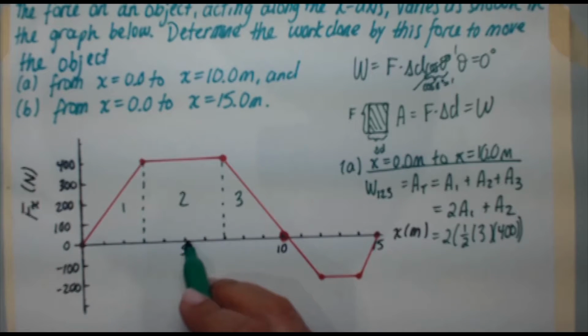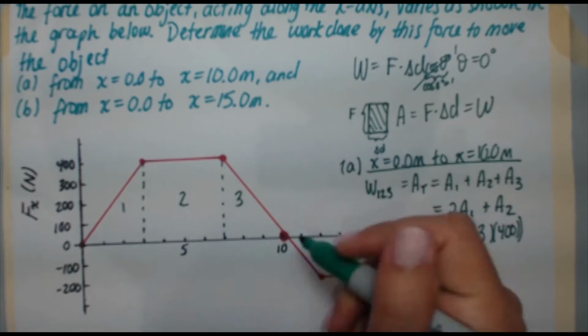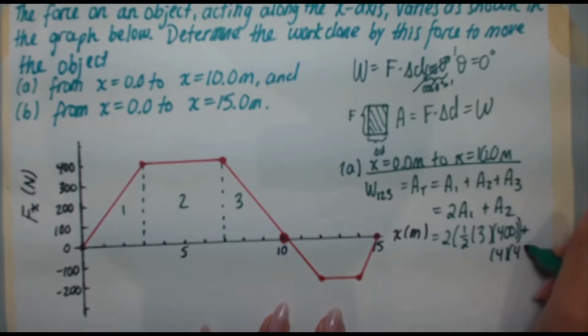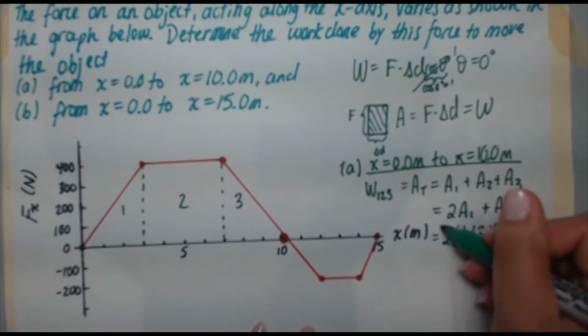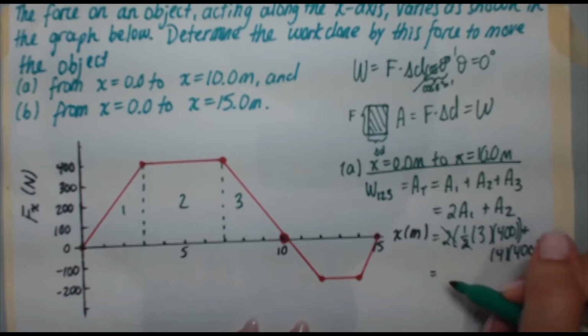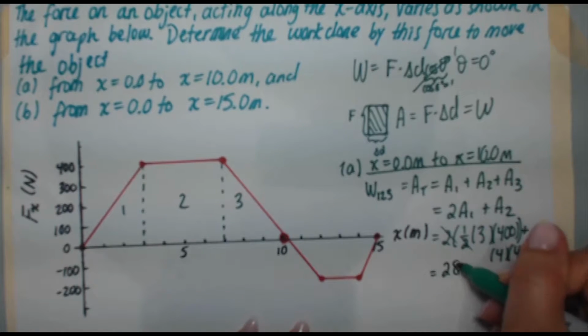The base is 1, 2, 3, 4, so 4 by 400. It's just a simple multiplication and then addition. The twos cancel out, and you get 3 times 400 plus 4 times 400. You end up with 2,800.